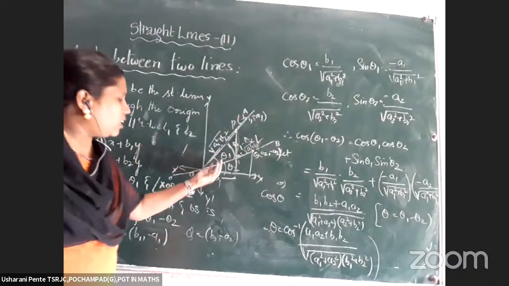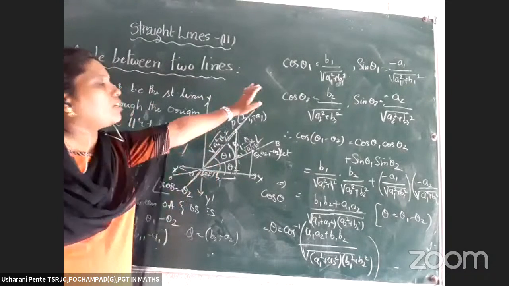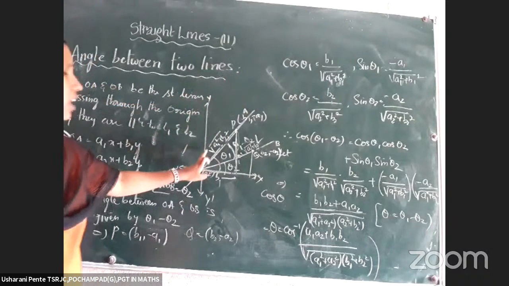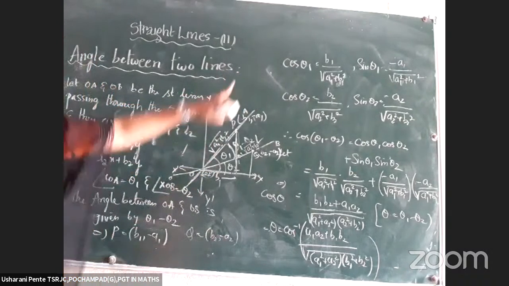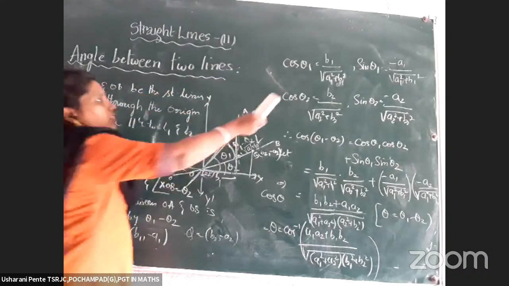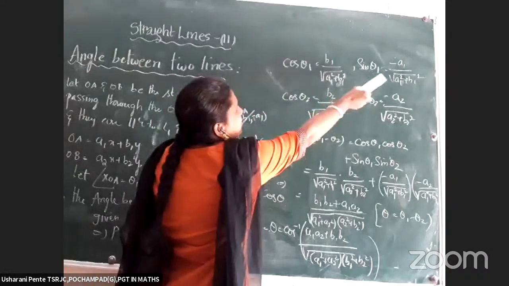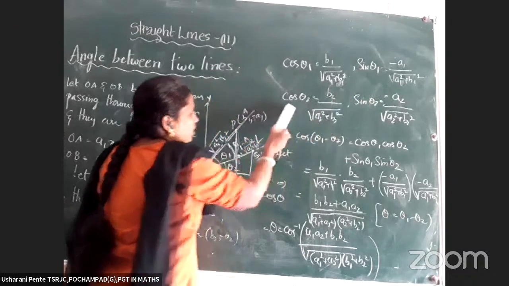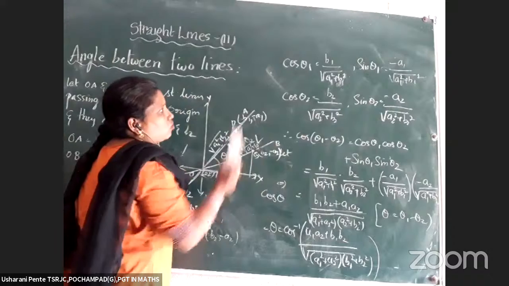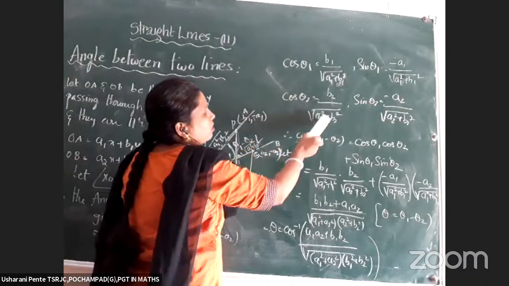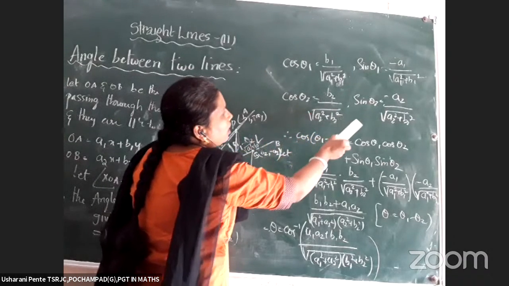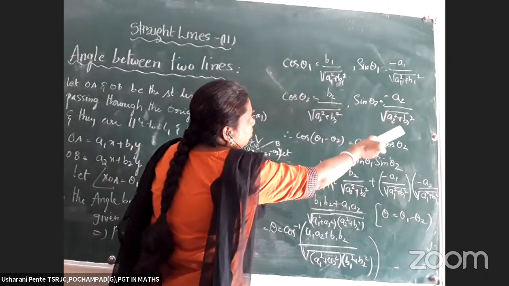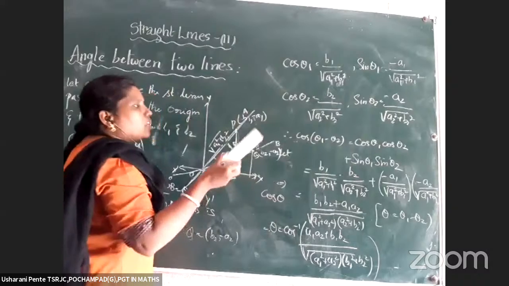Therefore, we find cos theta 1. Cos theta 1 is equal to adjacent side by hypotenuse, so that is B1 by under root of A1 square plus B1 square, and sin theta 1 is equal to minus A1 by under root of A1 square plus B1 square. Similarly, cos theta 2 is equal to B2 by under root of A2 square plus B2 square, and sin theta 2 is equal to minus A2 by under root of A2 square plus B2 square.